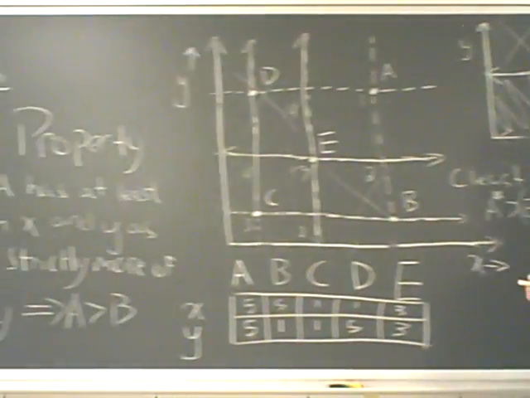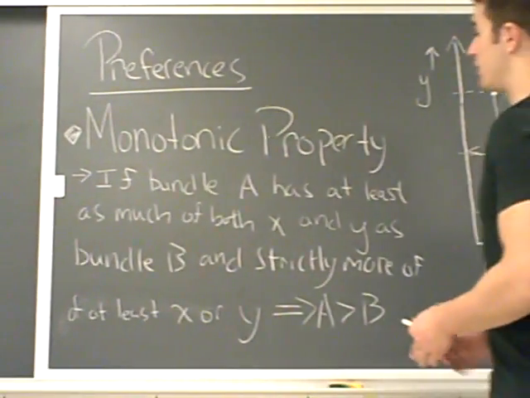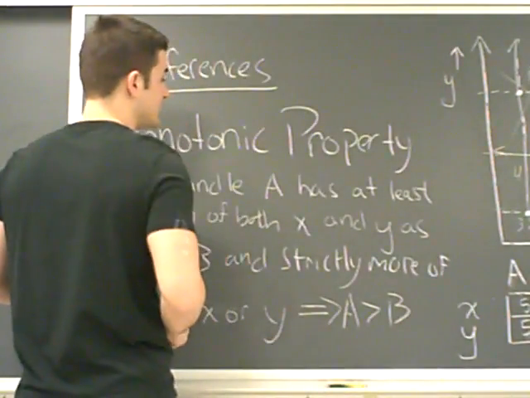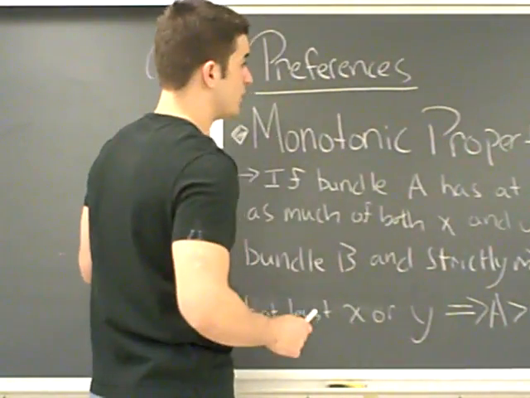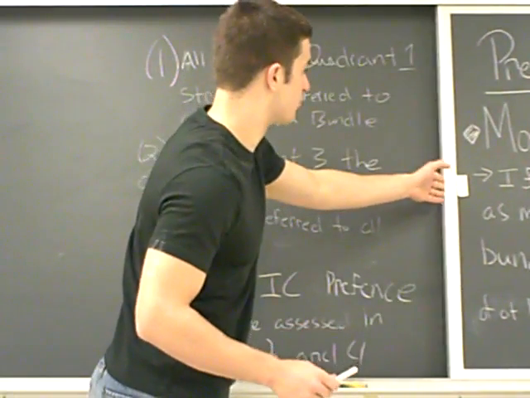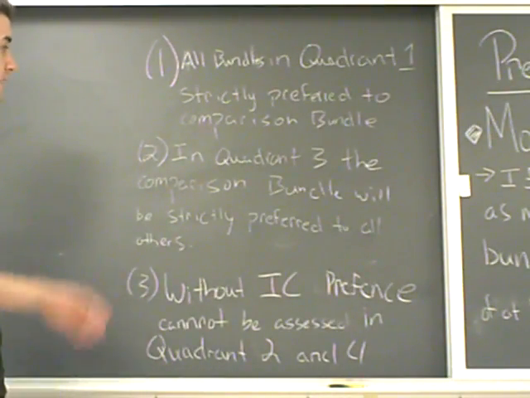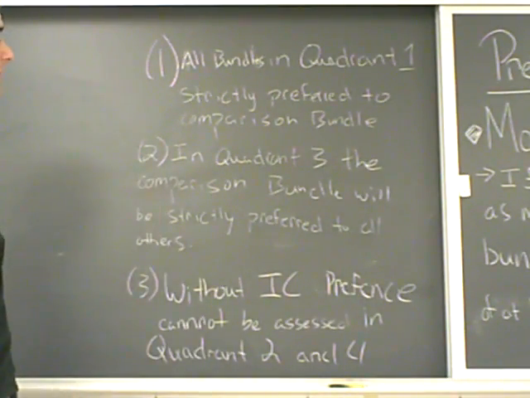So, that was our example of how to use the monotonic property to identify consumer bundles and how you rank them. That will be helpful on your homework. There are 3 little rules that I keep in my head.